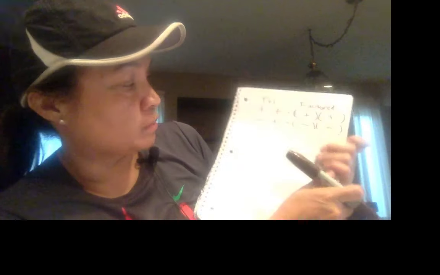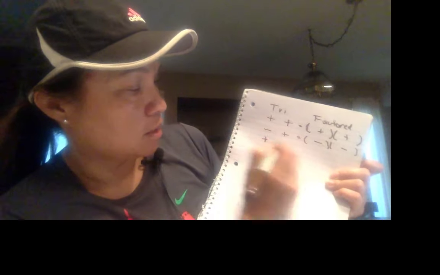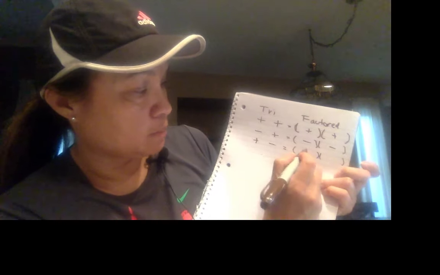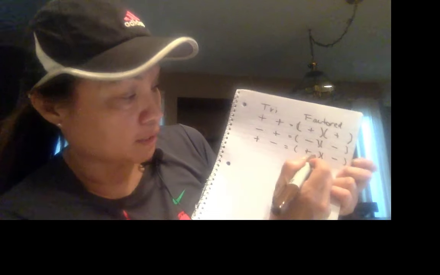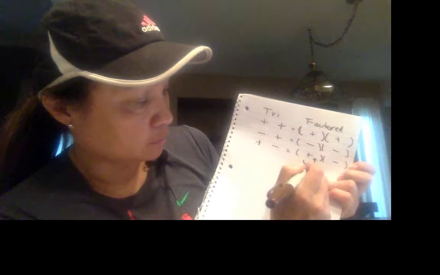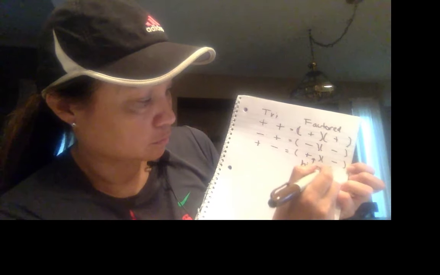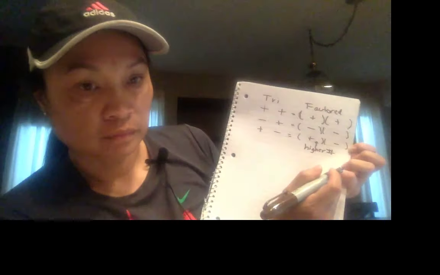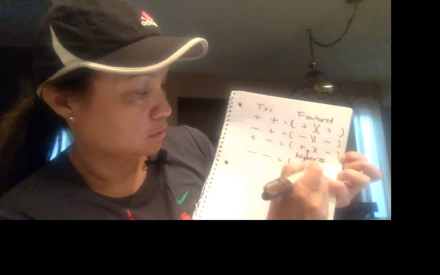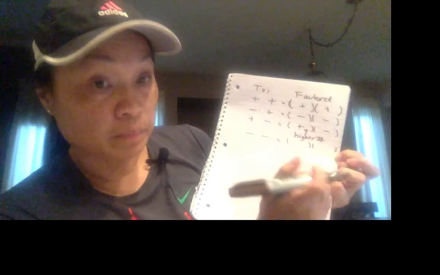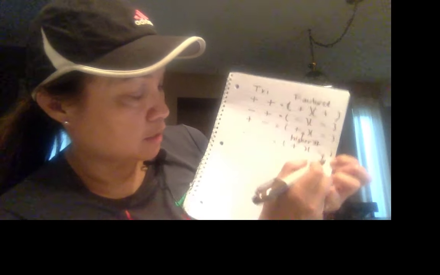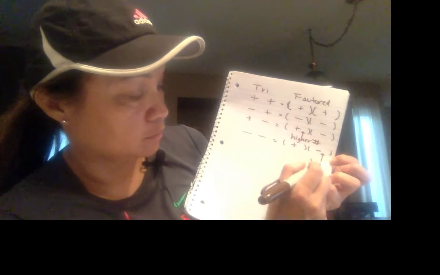Okay, so the other two forms. If it is plus minus, it will always be plus minus, but the plus will be the higher number. And then if it's minus minus, again, it will be plus minus, except this time the negative sign will be the higher number.